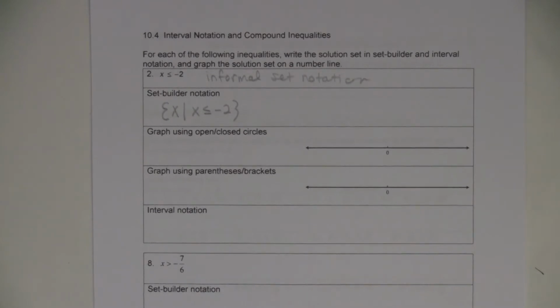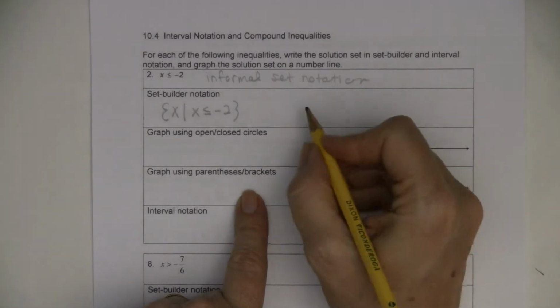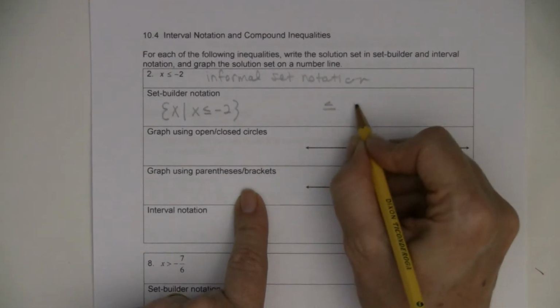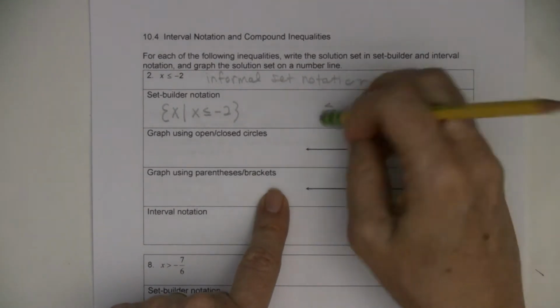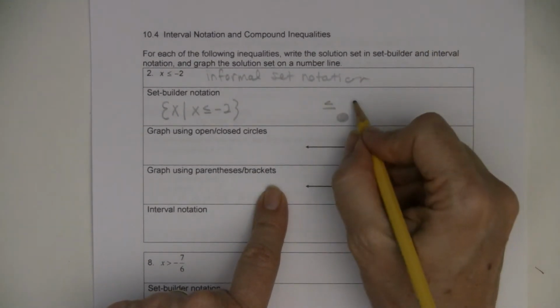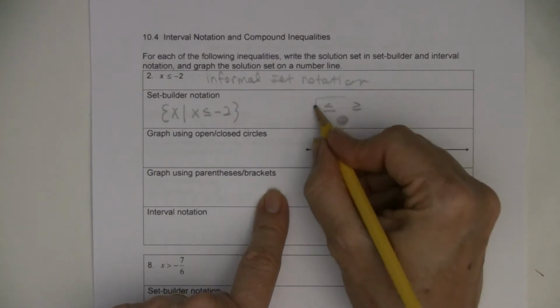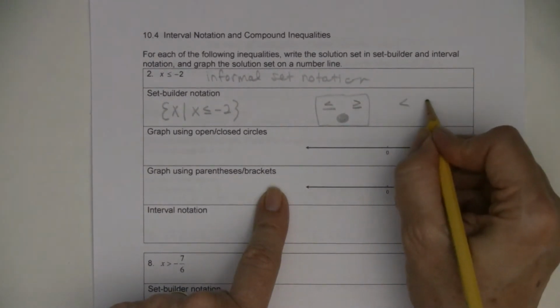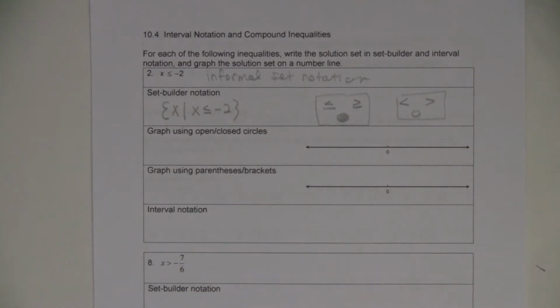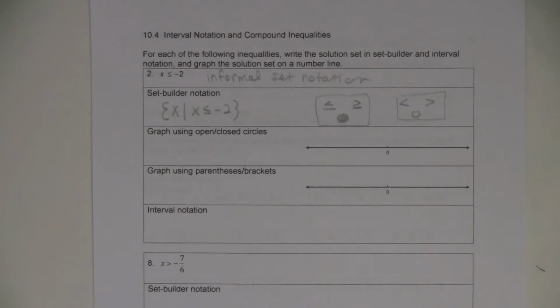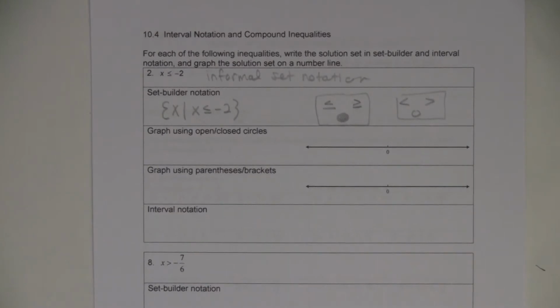They've asked us to graph this now on a number line using open and closed circles. And that's what we have done. Because it's greater than or equal to, or less than or equal to, it's going to be a closed circle. And I meant to have that straight underneath it, and it somehow didn't get that. So this goes with a closed circle, whereas greater than and less than go with an open circle, right? We've even seen that recently, in the last part of chapter 9.